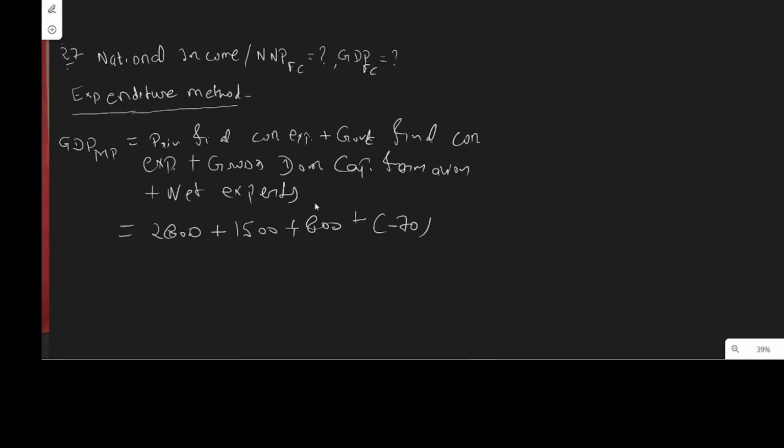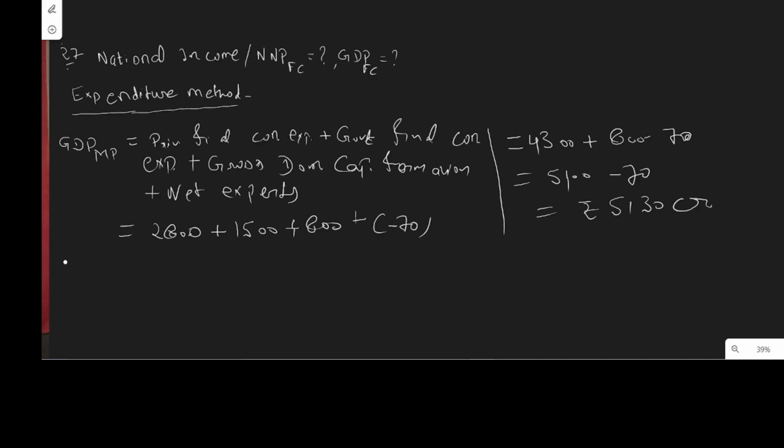Okay, so we can solve it here. 2800 plus 1500 is 4300. Yes, 4300 plus 800 is 5100, minus 70, that is 5030 crore rupees. So in this way, we have calculated GDP MP.